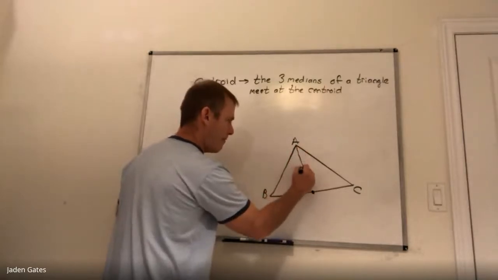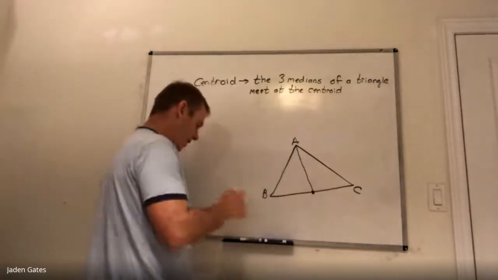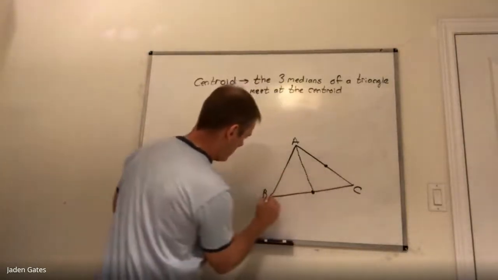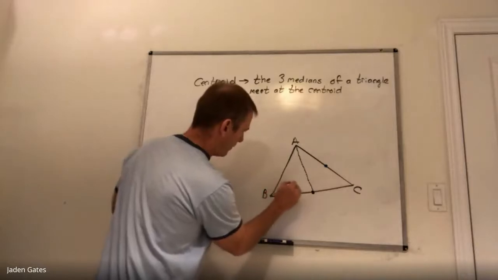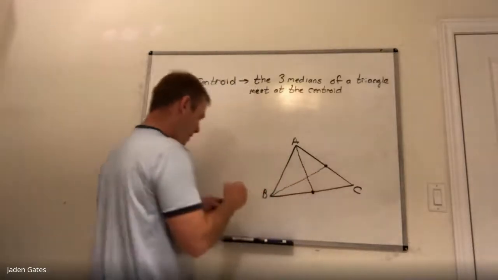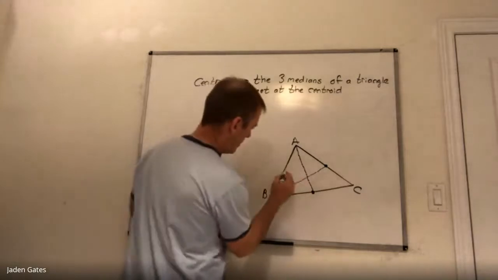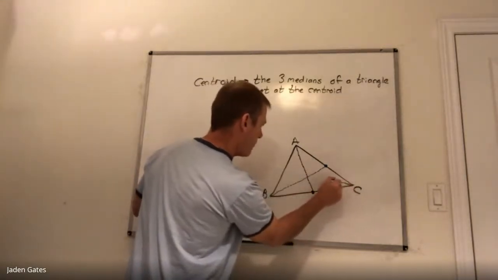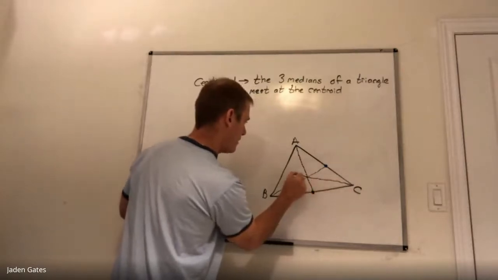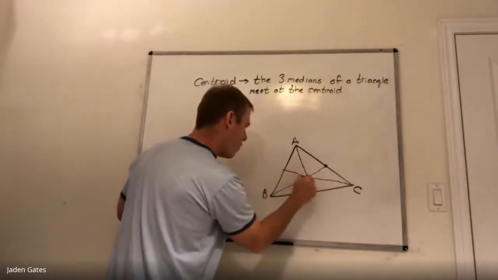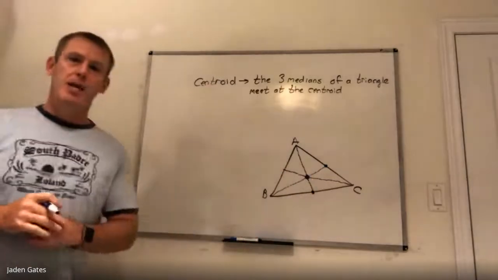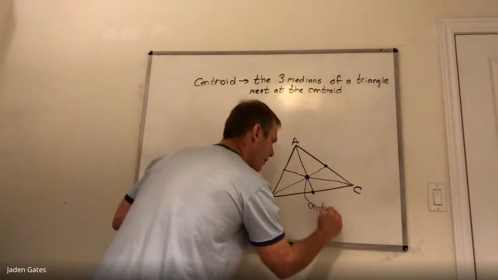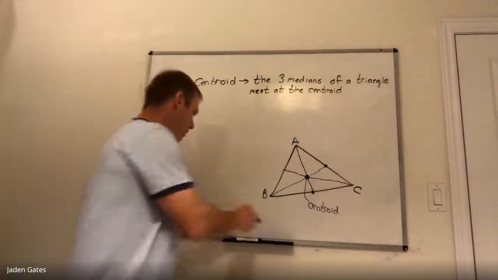So there is one median from vertex A. We could also have another median from vertex B, and a third median from vertex C. This spot right here, where the 3 medians meet, that is your centroid.